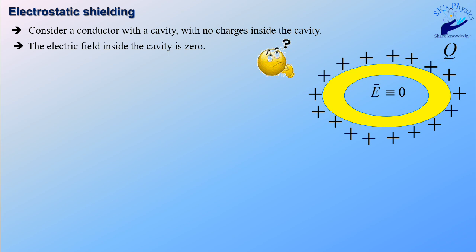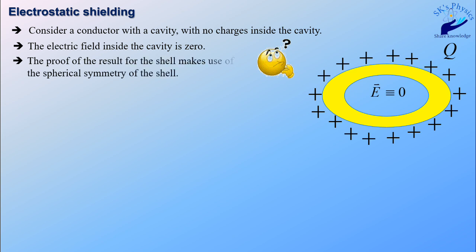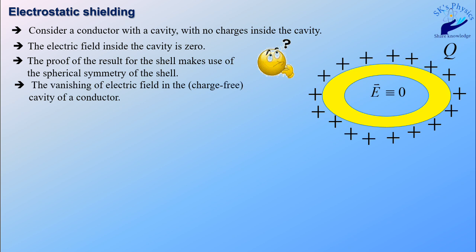The proof of the result for the shell makes use of the spherical symmetry of the shell. The vanishing of electric field in the charge-free cavity of a conductor: E is equal to 0, so flux is equal to 0. So E dot delta S is equal to 0. That means sigma Qi is equal to 0. That means inside the cavity there is charge free, that means no charge.